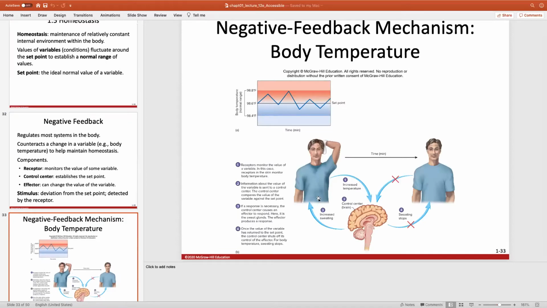Have you ever noticed that when we spike fevers, or when your kids spike fevers, it's usually not during the morning, usually not during the day, usually it's late at night, right?